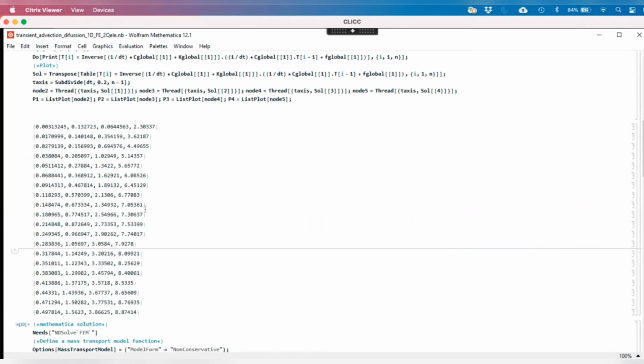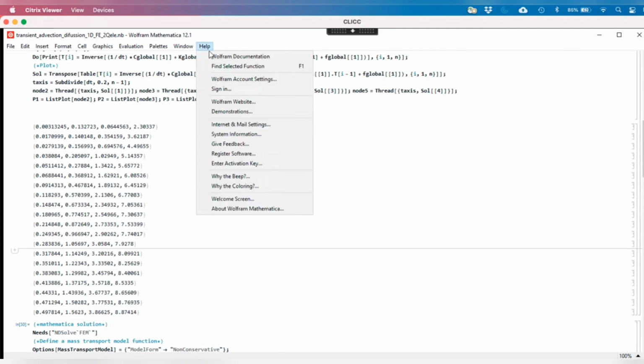Now the question is, how do I verify that my solution is correct? And that probably is the most difficult part of this problem. So the finite element part was the easy one. I had to solve the analytical equation, the partial differential equation, which is not easy.